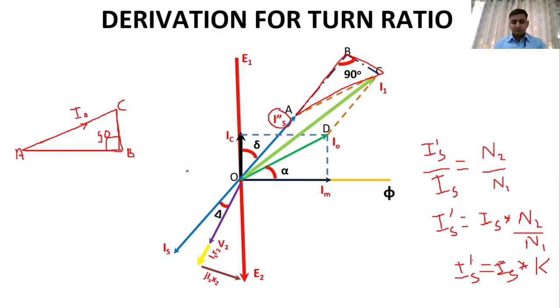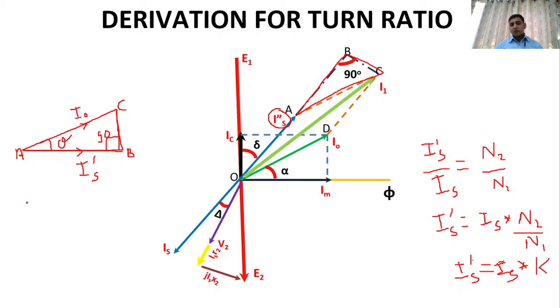As you see in this particular triangle, first we have to find out, for the sake of derivation, the angle between AB and AC. Basically, the angle between AB and AC is the angle between Is dash and I0.